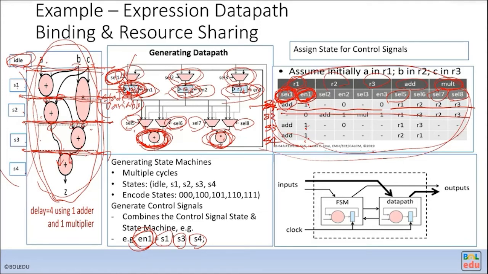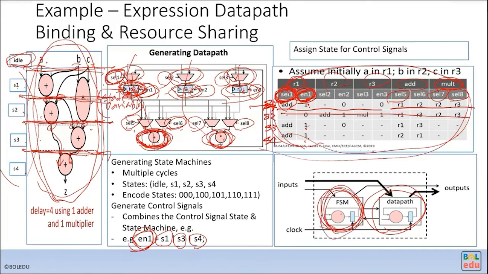Okay, so at the end, you will find out this is the data path. Those components are the data path. And all those control signals, select, enable, are generated by the finite state machine. There's a control logic.